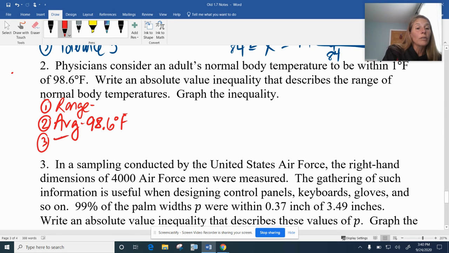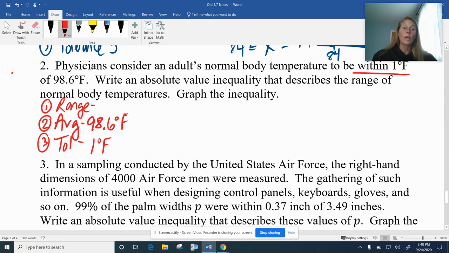The tolerance deemed here says physicians consider an adult's normal body temperature to be within 1 degree of 98.6. So if you're 1 degree more or 1 degree less than 98.6, you're still within the acceptable range.